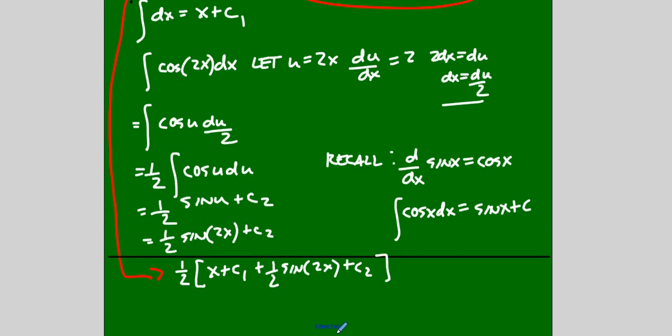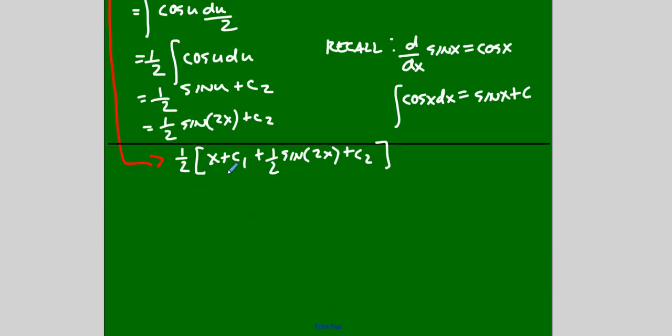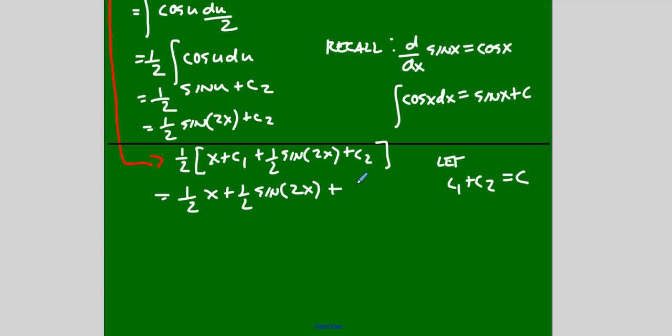Well, we can combine the integration constants into one big integration constant. We'll say let c sub 1 plus c sub 2 just equals c. So this will be 1/2 x plus 1/2 sine 2x plus c. And if you like, we could factor out a 1/2, the quantity x plus sine 2x, plus c.